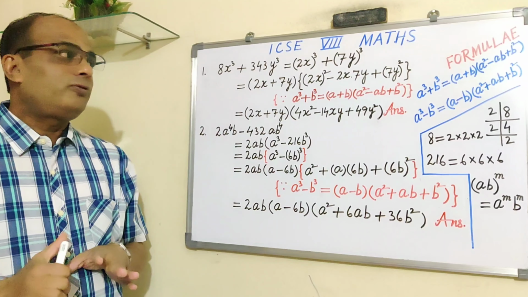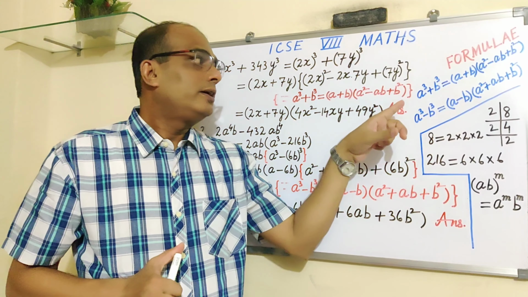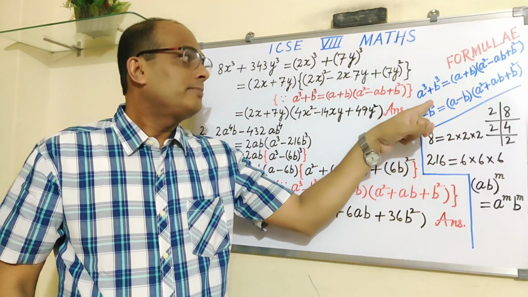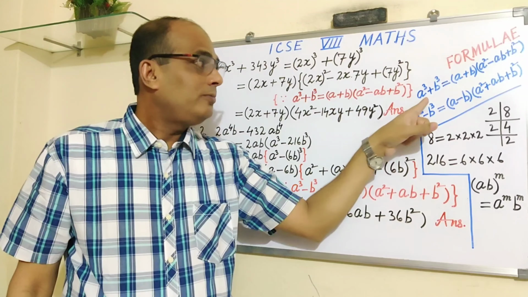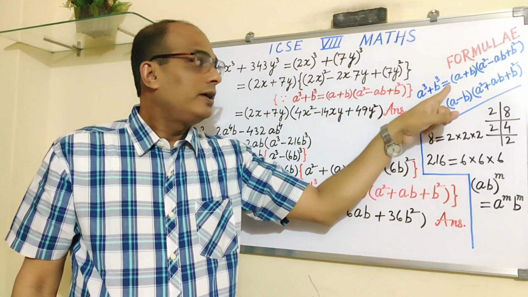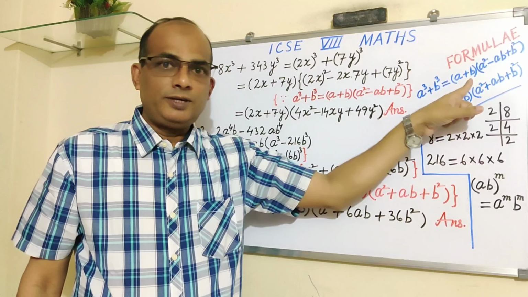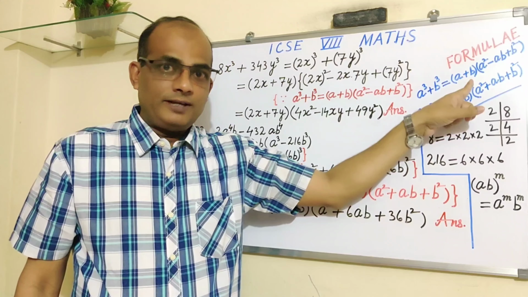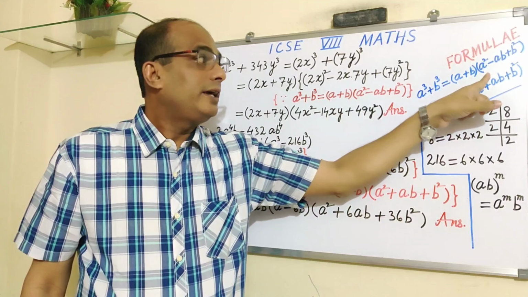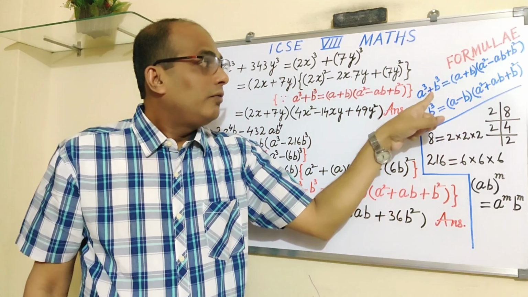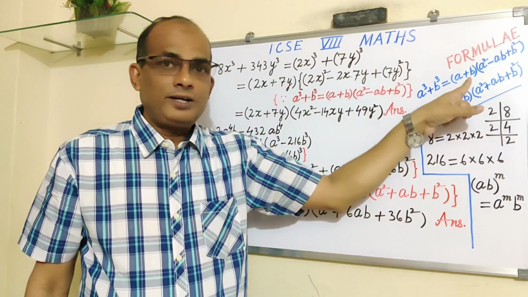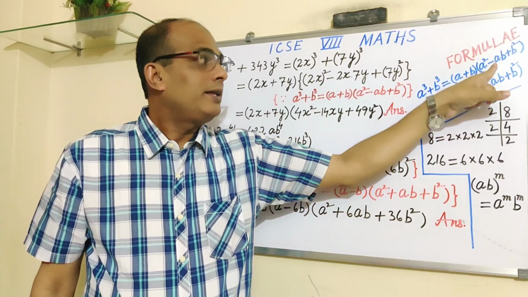The identity, the formula that we are going to use here, these are the two formulas. The first formula is a cube plus b cube is equal to (a plus b) in one bracket, in another bracket a square minus ab plus b square. When you have plus here, in this bracket you write down plus, and this is minus.